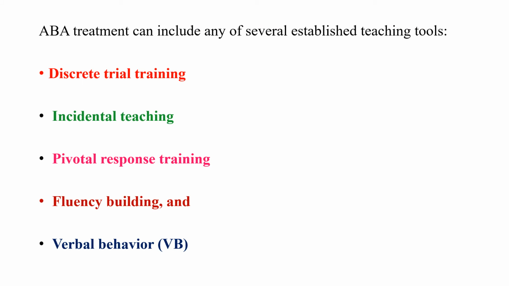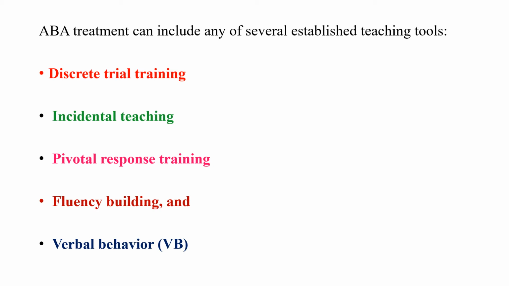So, ABA treatment includes several established teaching tools, which include discrete trial training, incidental teaching, pivotal response training, fluency building, and verbal behavior. These are the different teaching tools which are used for applied behavior analysis treatment. Among all these, we will be discussing discrete trial training in the forthcoming slides.